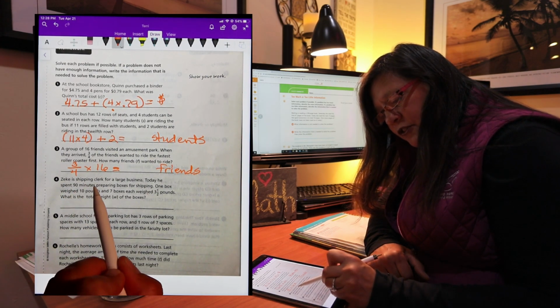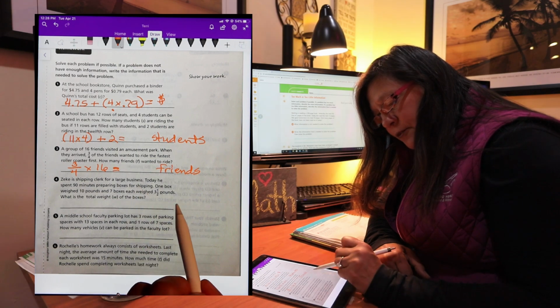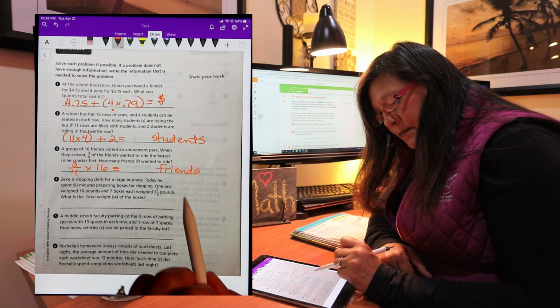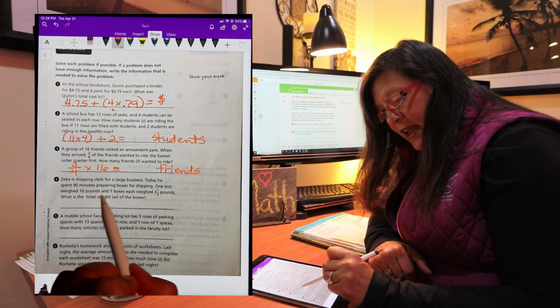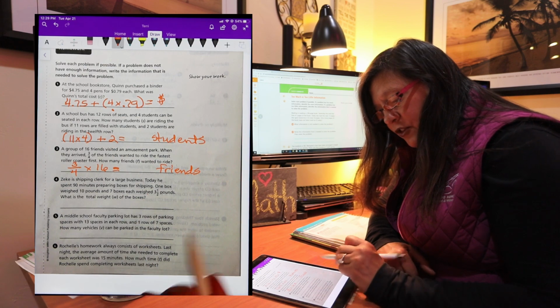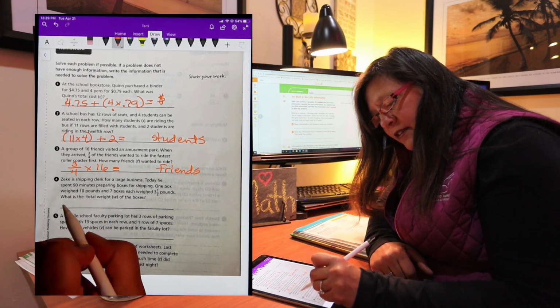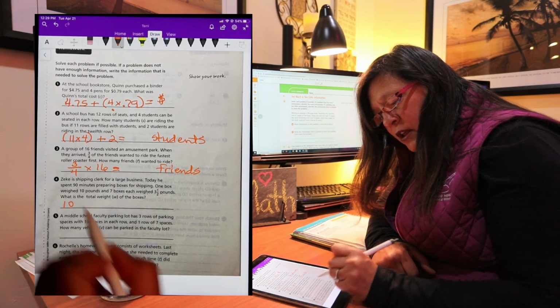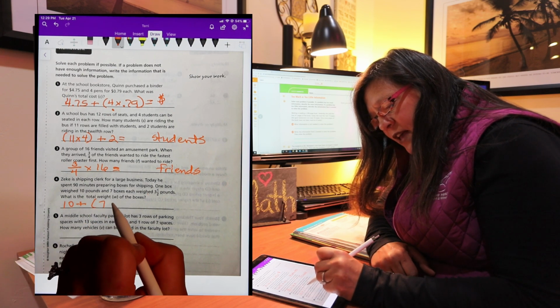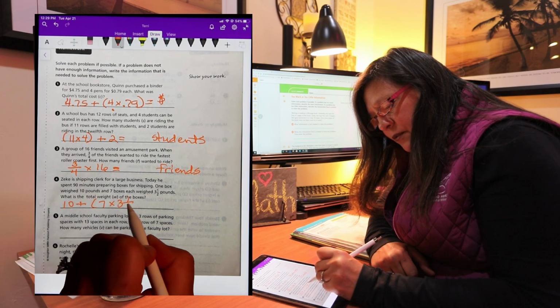4. Zeke is shipping clerk for a large business. Today he spent 90 minutes preparing boxes for shipping. 1 box weighed 10 pounds and 7 boxes weighed 3.5 pounds. What's the total weight of the boxes? Well, we have the 1 standalone box at 10 pounds, but then we have 7 at 3.5 pounds.